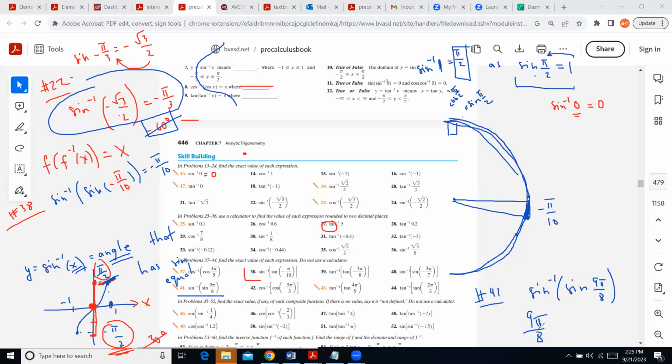One may say, how come? Because they're inverse functions, they should bring me back. Well, it brings me back only to angles from minus pi over 2 to plus pi over 2.